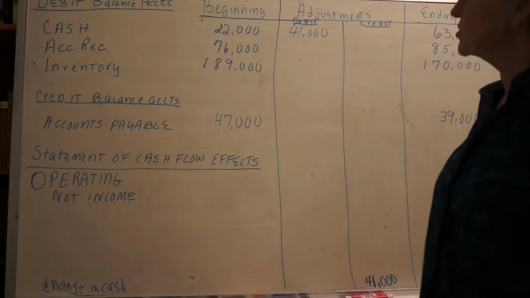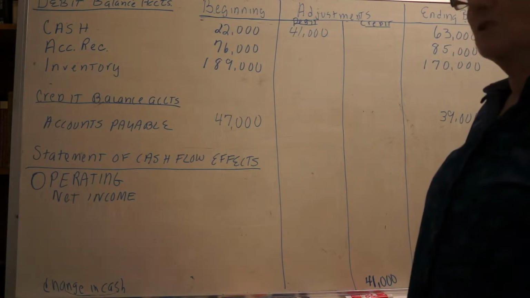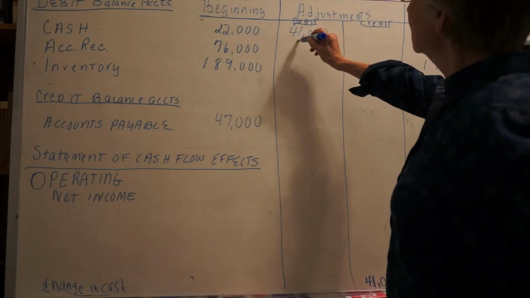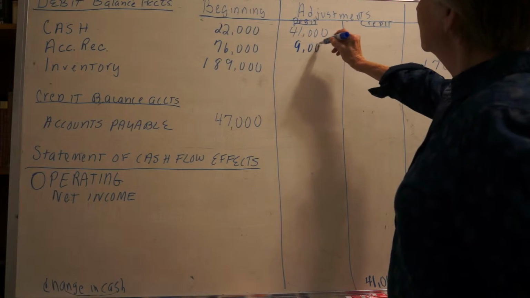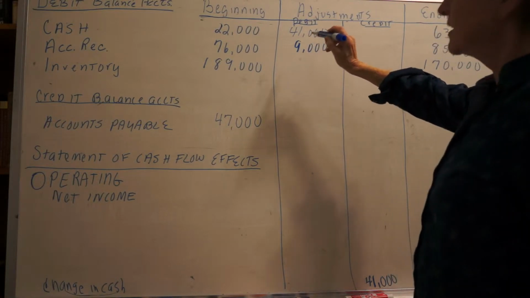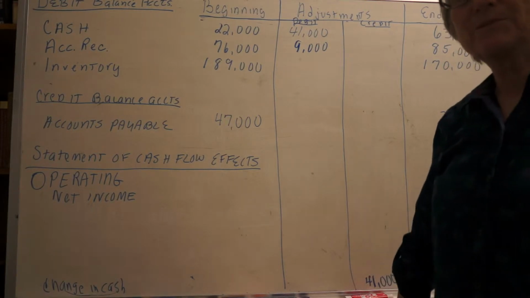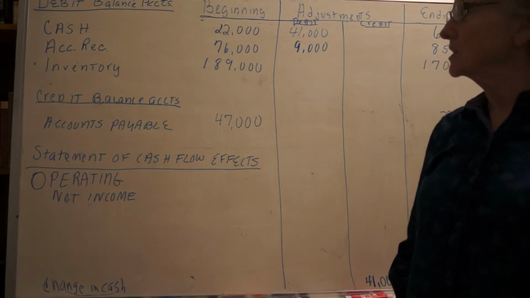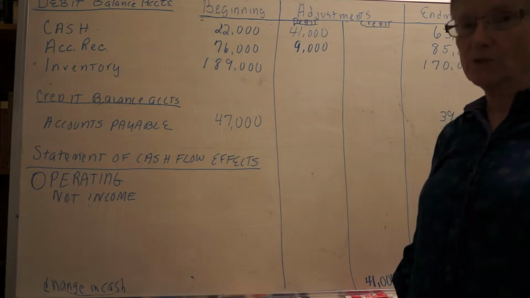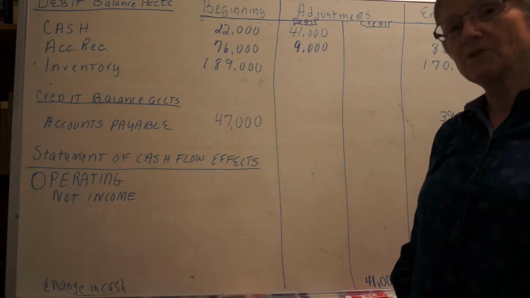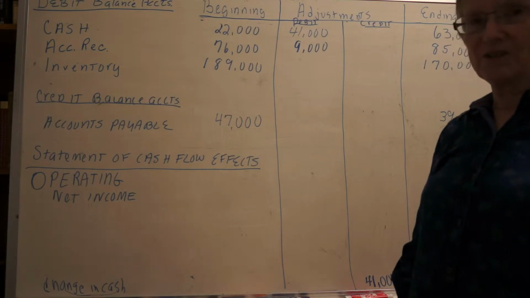Okay, accounts receivable started at 76, they ended at 85,000, so that's a $9,000 increase. So we say, oh, we must have had a debit there, an increase of 9,000. Now we're going to go to the operating section. If you remember from the classifications, anything that is involving the current accounts, current assets, current liabilities, or is on the income statement ends up in the operating section.